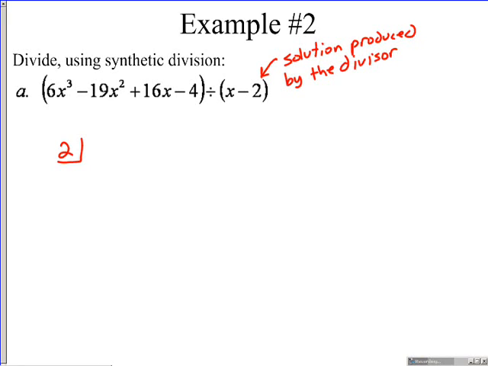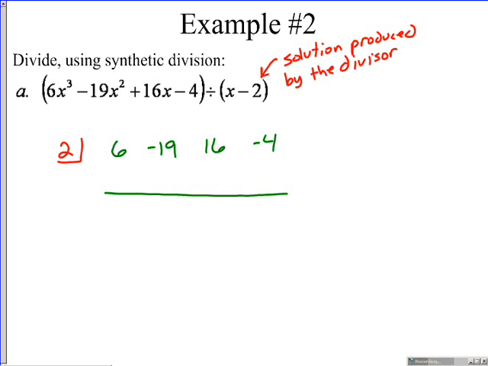So that is what we are going to synthetically divide by. To set up your synthetic division, the solution produced by the divisor goes in our box. Then our lead coefficients of what we are dividing into get written next to that box. So 6, negative 19, 16, and negative 4.